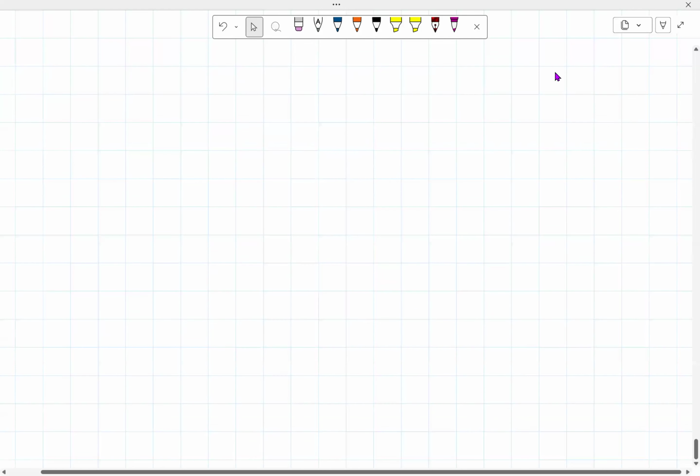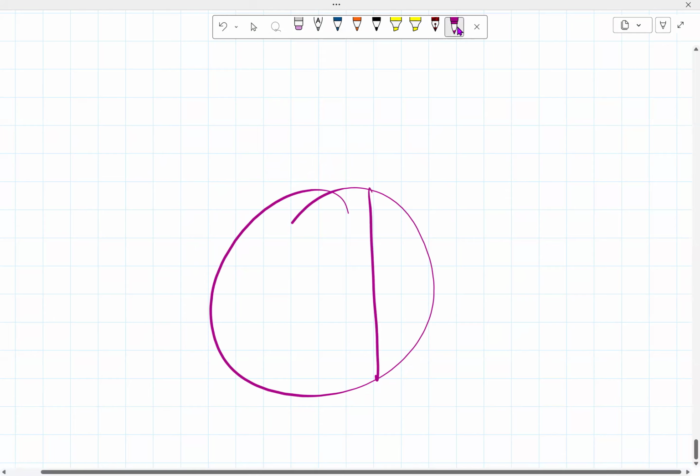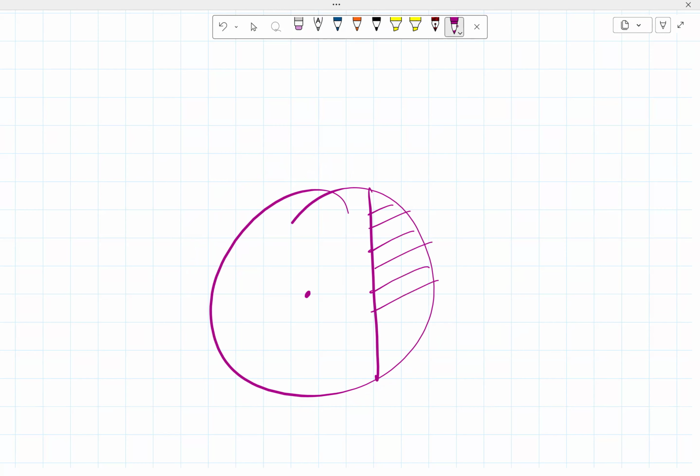So let's consider this circle now, and you have this segment right here. This is the center of the circle, and we are interested in the area of this segment, defined by this chord and the arc above it. So we can now think in terms of how the chord is connected to the center.